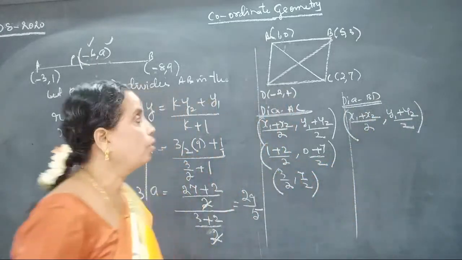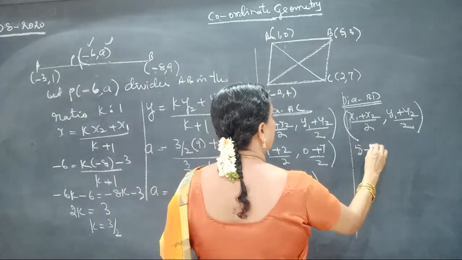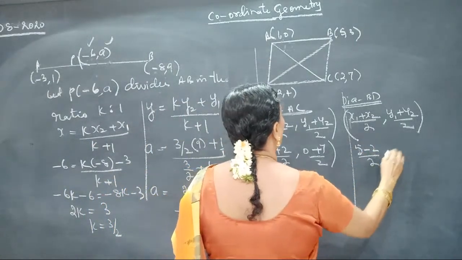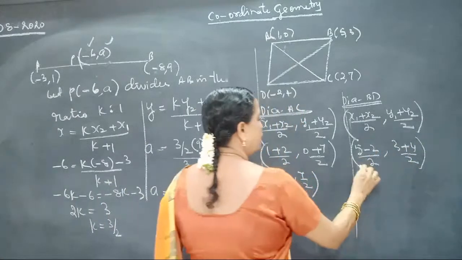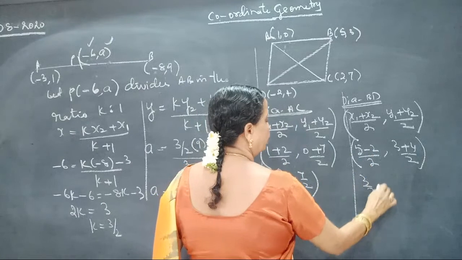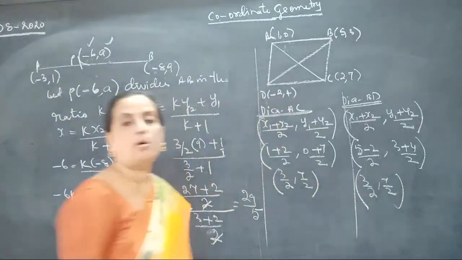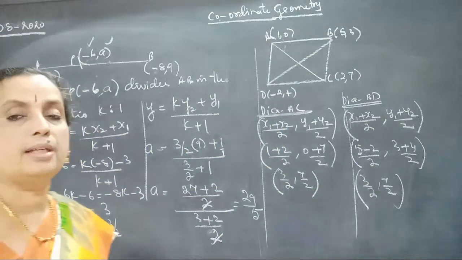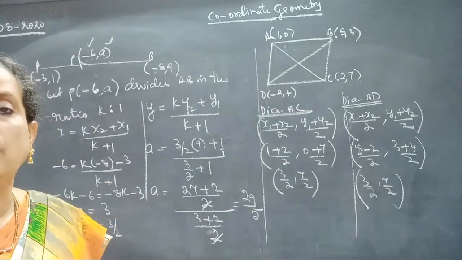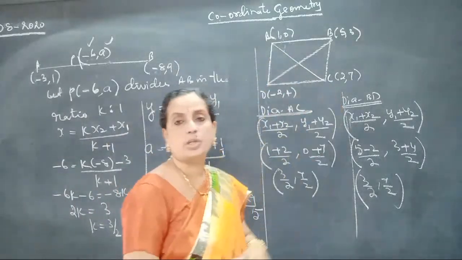Now substitute for diagonal BD: 5 minus 2 by 2, 3 plus 4 by 2. Finally, we get 3 by 2 comma 7 by 2. Here, the coordinates of the point of intersection of the diagonals are equal. That shows that diagonals bisect each other.